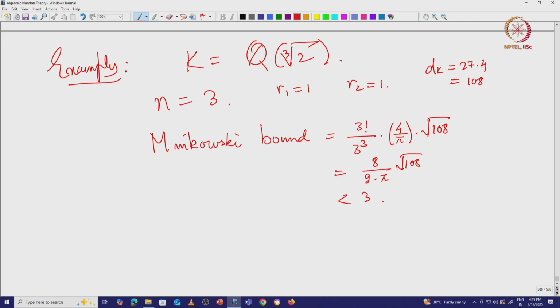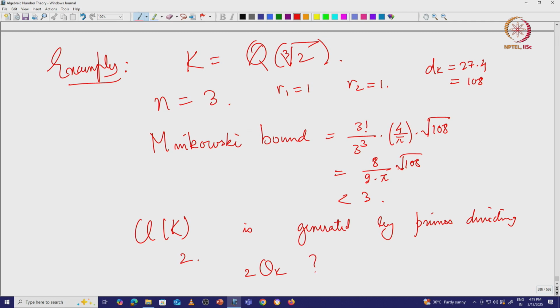Okay. So, the only primes that I care about are primes dividing 2. So, the class group of K is generated by primes dividing 2. And so, what is 2 times O_K? That is what we are interested in.